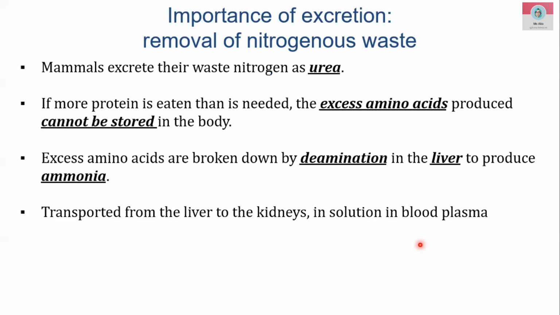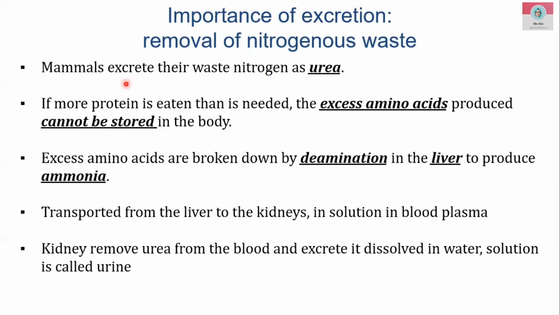Mammals will excrete their waste nitrogen as urea. So that's the major form of how nitrogen is excreted. If we consume more protein, we will be producing excess amino acids. Any excess amino acids will not be able to be stored in the body. So they will undergo the deamination process, where we break down these excess amino acids in the liver, which produces ammonia.